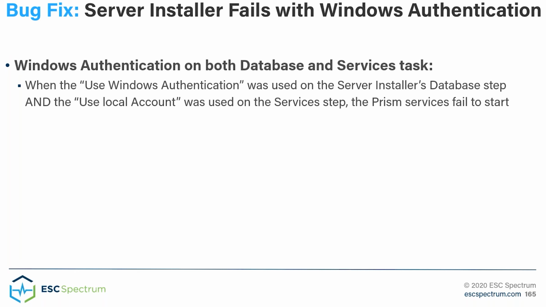And along the same lines, there was a server installer failing with Windows authentication when you were using Windows authentication for both the database stuff and the services stuff. For reasons outside the scope of this presentation, you cannot use the Windows authentication to both access the database and to run the services which are communicating with the database.